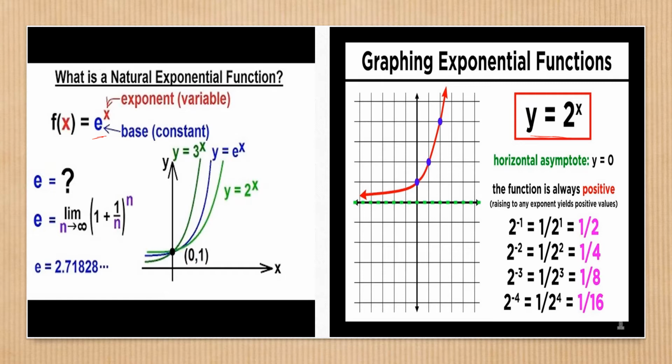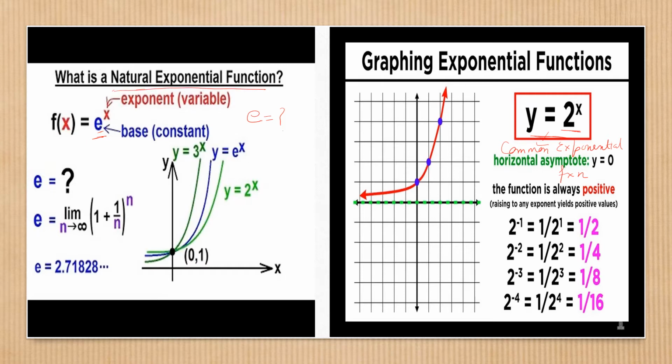Whenever the base is any positive real number, it is called a common exponential function. And when in place of any other real number, a fixed number e is there, we call it the natural exponential function.